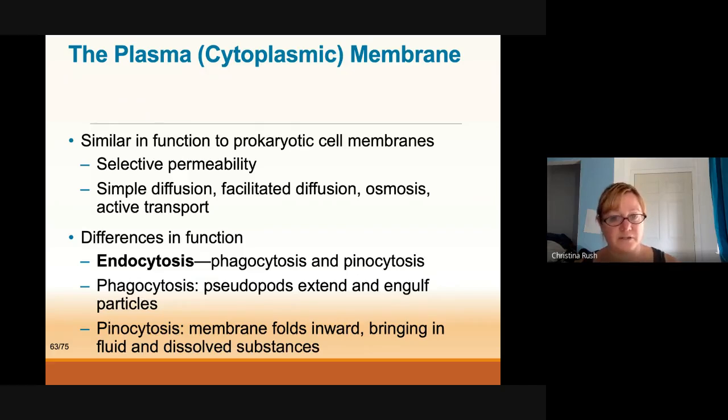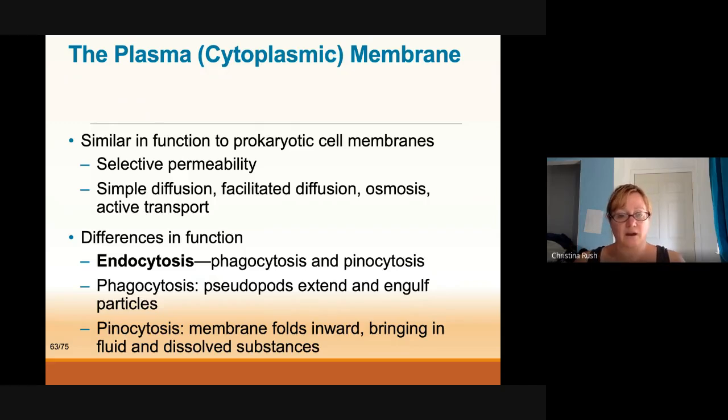Now the difference that we find in the plasma membrane includes endocytosis. Endocytosis: endo means within, and cytosis is bringing. And so this is phagocytosis and pinocytosis.